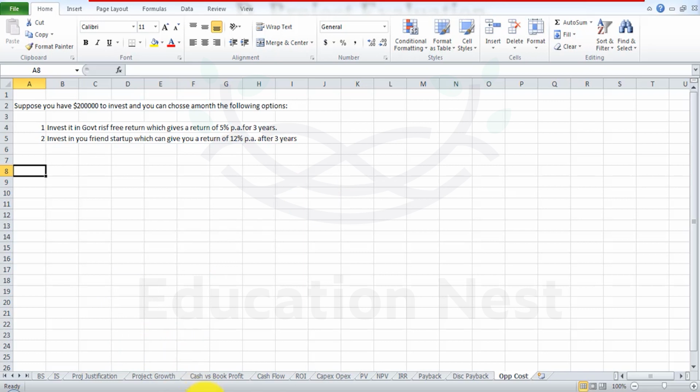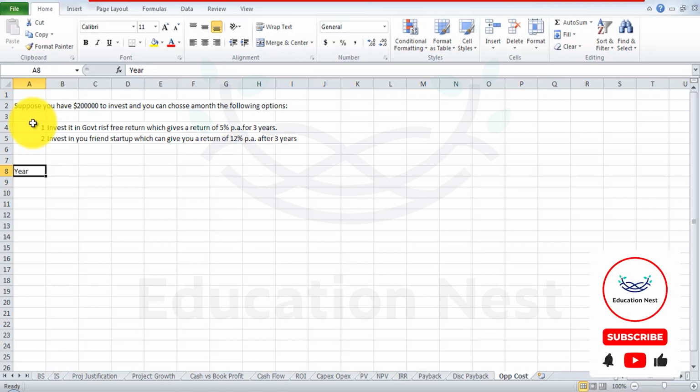So now let us see what income you are going to derive. Here you have your years, and $200,000 invested at 5% per annum for 3 years. For the timing, we'll just avoid the whole concept of present value because we're going to try to keep it as simple as possible.